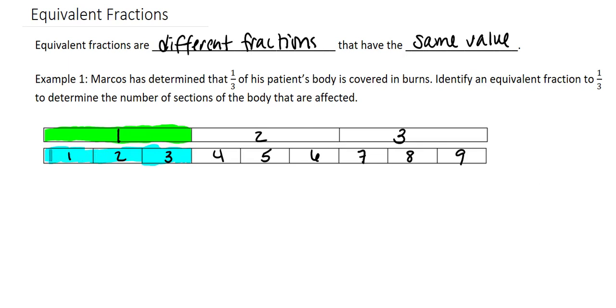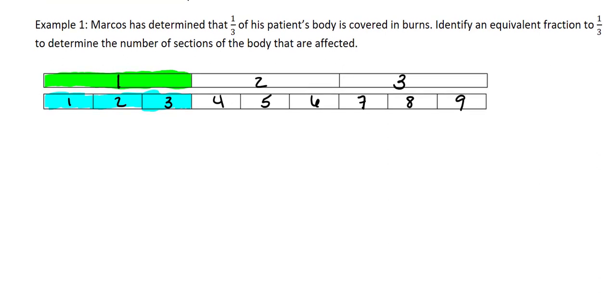So if we were to show the top, we can show 1 out of 3, and that is equal to the same on the bottom, because it's the same that's colored over the total. So that's 3 out of 9. These are two fractions that mean the same thing, as we can see here and here, what's colored in out of the total.